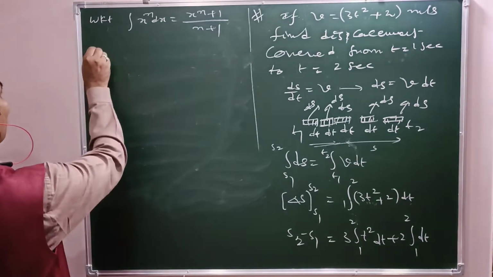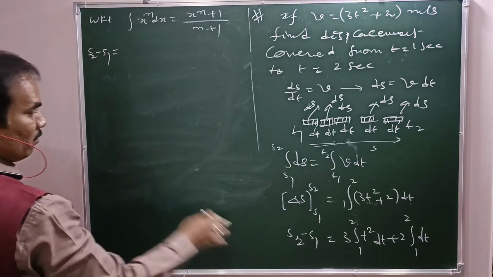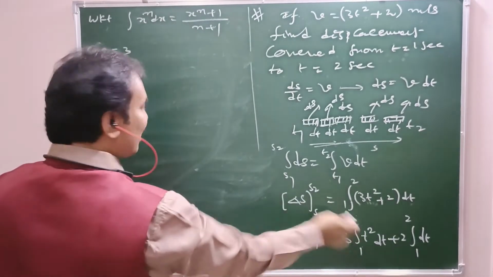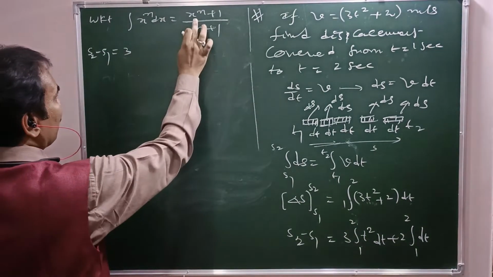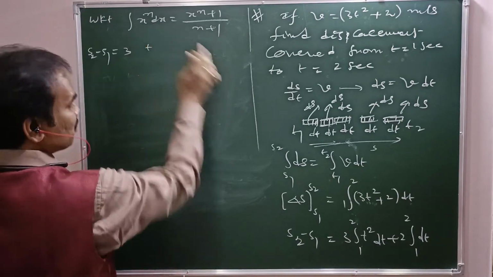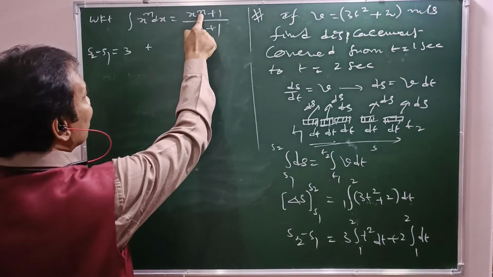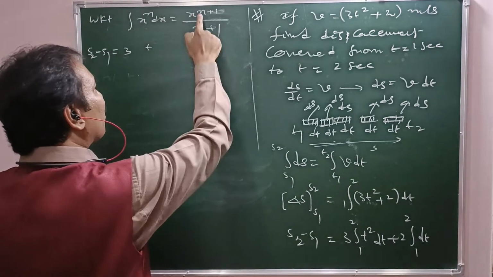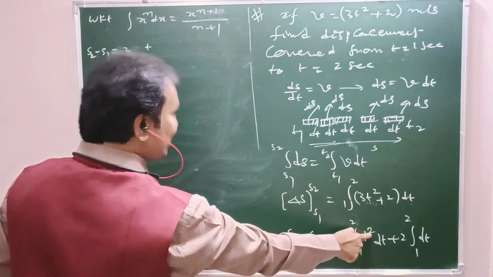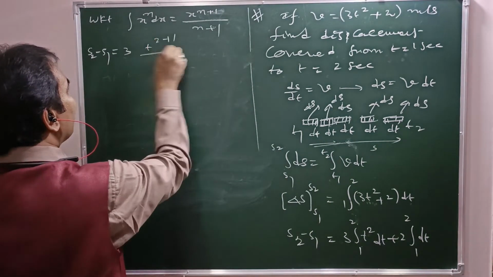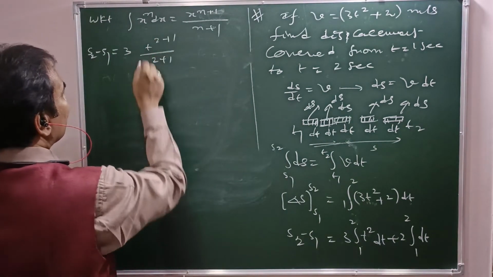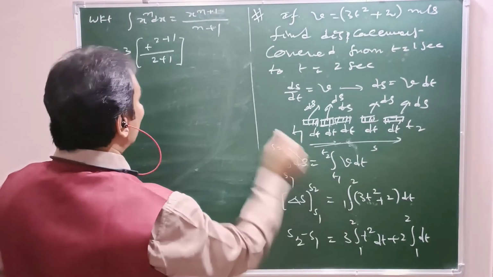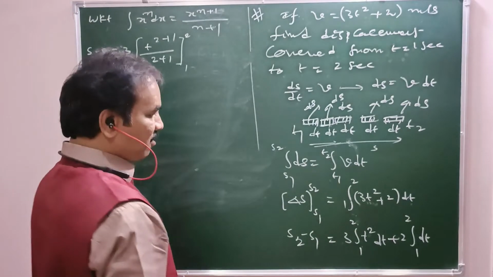That is S2 minus S1 equal to 3, and integral t square dt means t power n plus 1 by n plus 1. So n means here 2, that is t power 2 plus 1 by 2 plus 1. Keep it in a box. Now write lower and upper limits 1 to 2. So the first term is over.